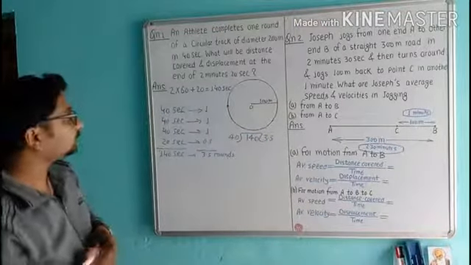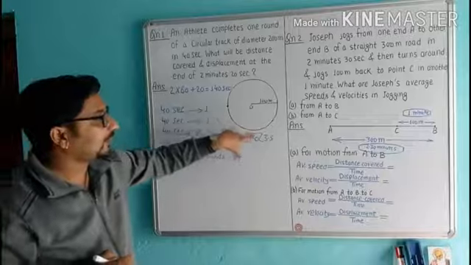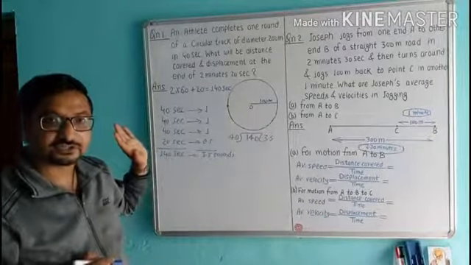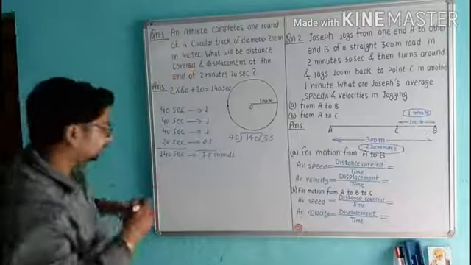So, 3.5 rounds of this circular track is the distance covered by the athlete.